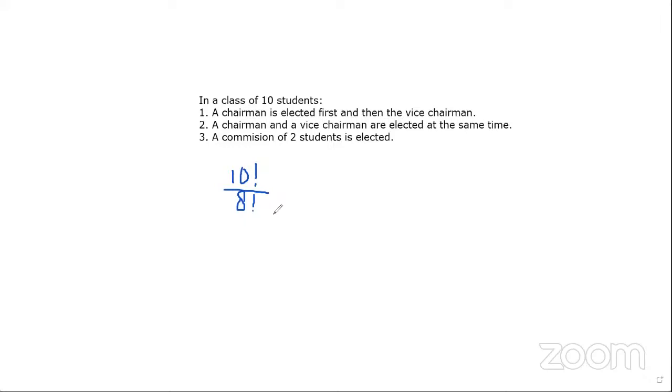Any other answer? Anybody else has different solution? Yeah, so it is number 1. So here you have 2 places. You elect the chairman first, that is 10 possibilities, so everybody can be elected.